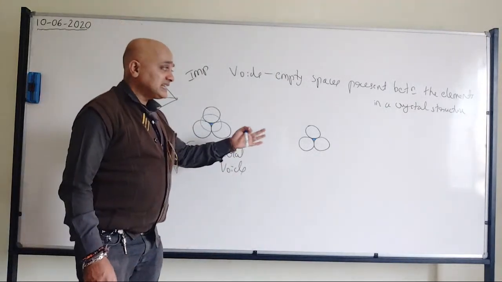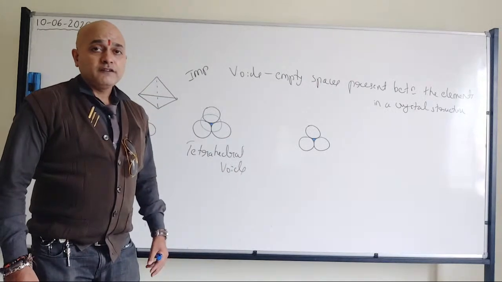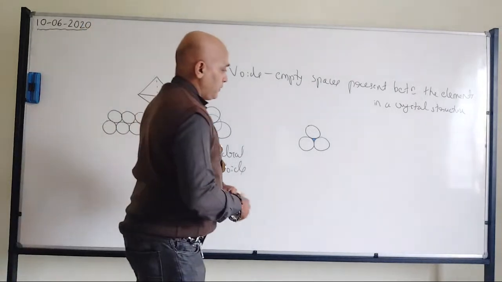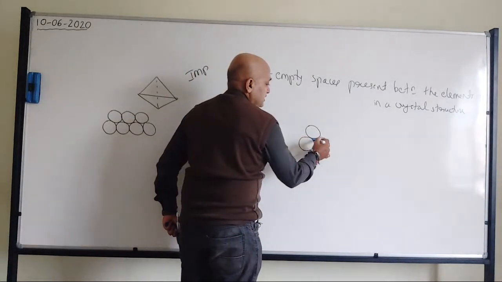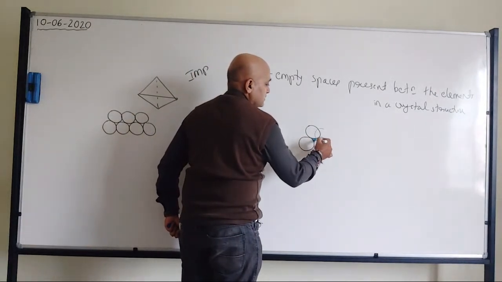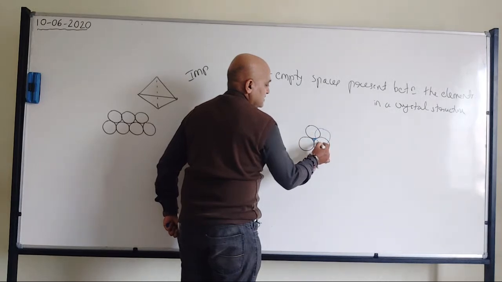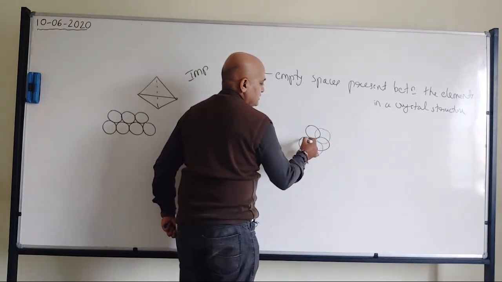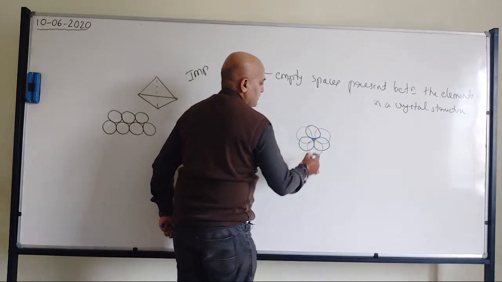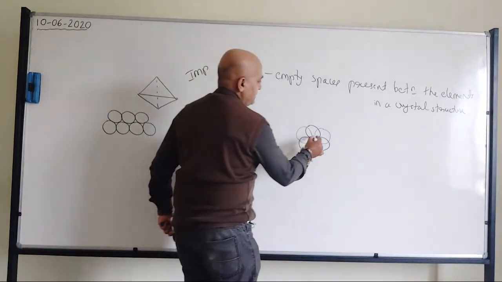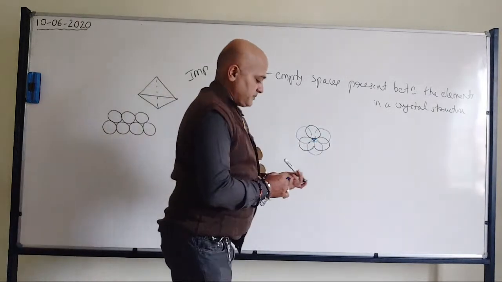Now when I am placing the second row, I will place it in such a way that this void should not be closed.